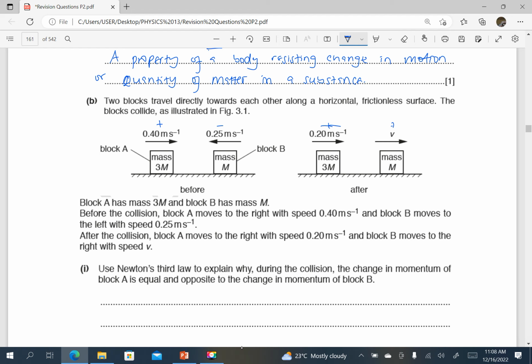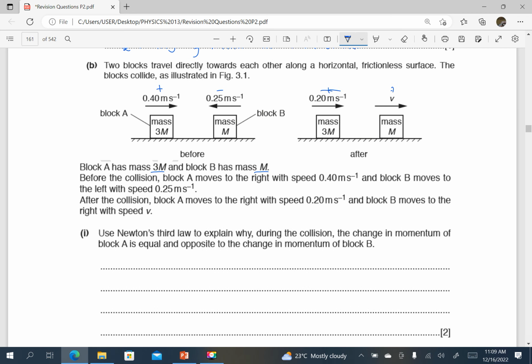Block A has mass 3m, block B has mass m. Before the collision, block A moves to the right with a speed of 0.4 and block B moves to the left with a speed of 0.25. After collision, A moves to the right with speed of 0.2, B moves to the right with the speed of v.